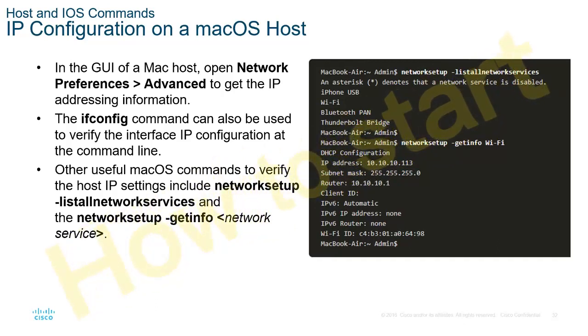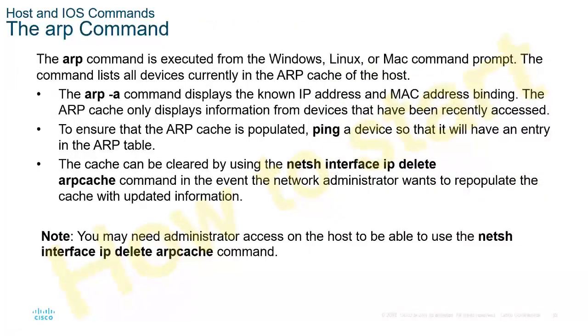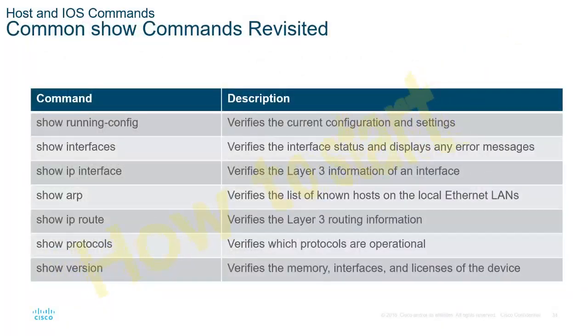The ifconfig command can also be used sometimes, but you may have additional switches that you need to run, like networksetup -getinfo and then the network service. If you're running wireless, you may have to do Wi-Fi. If you're running wired, you may have to do eth0. Other commands like the ARP command will show us our ARP table, which we discussed in previous lectures.